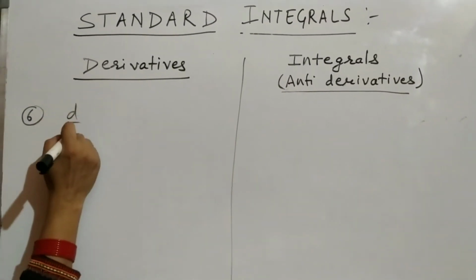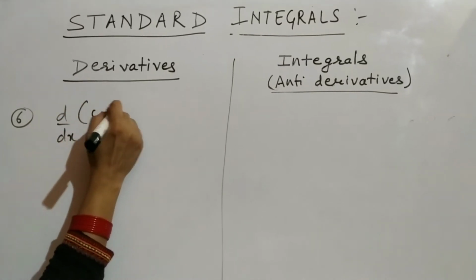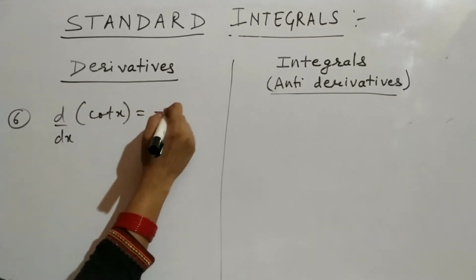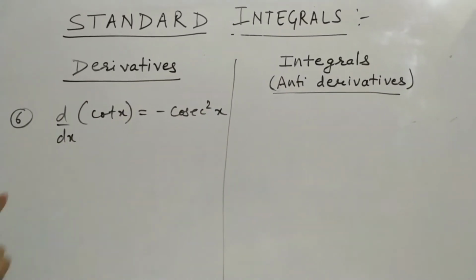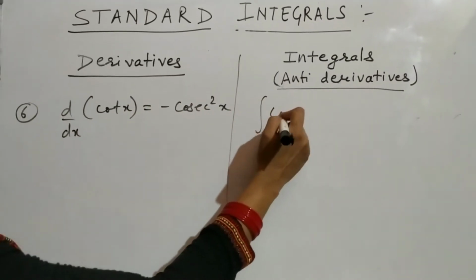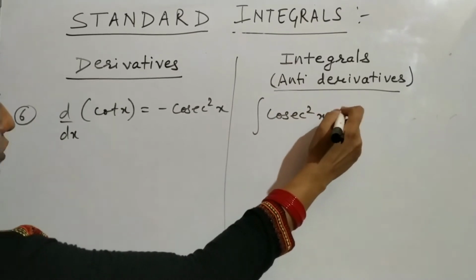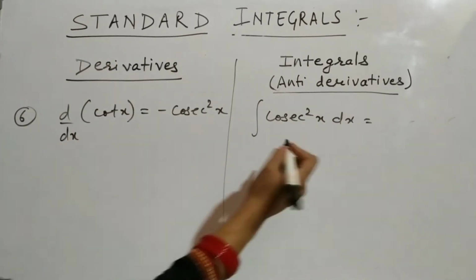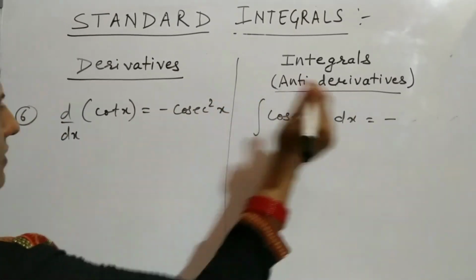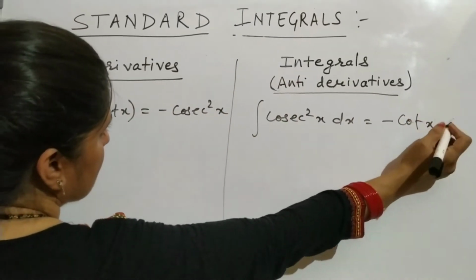Now we know that the derivative of cot x is equal to minus cosecant square x. That implies the integration of cosecant square x is equal to minus cot x plus c.